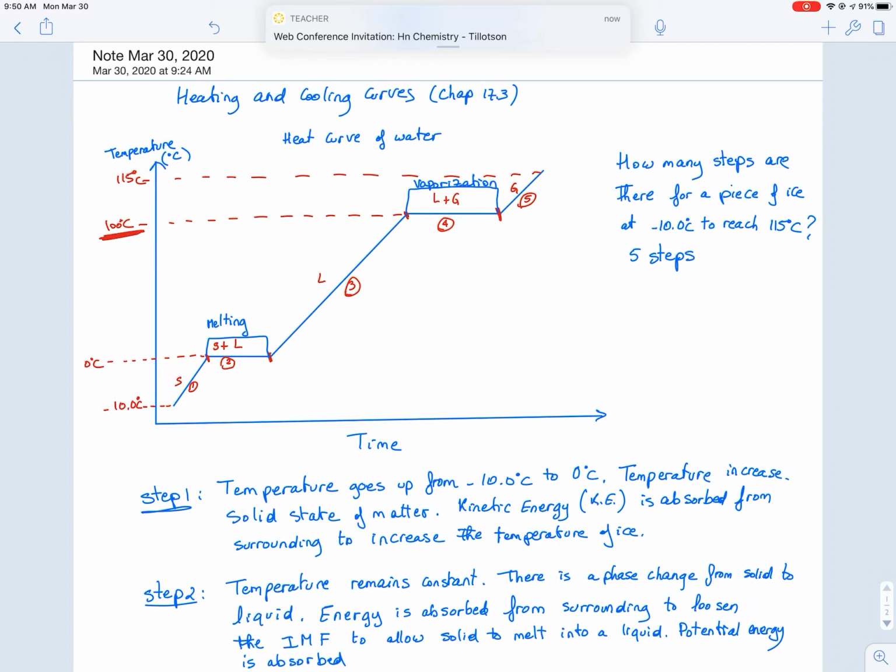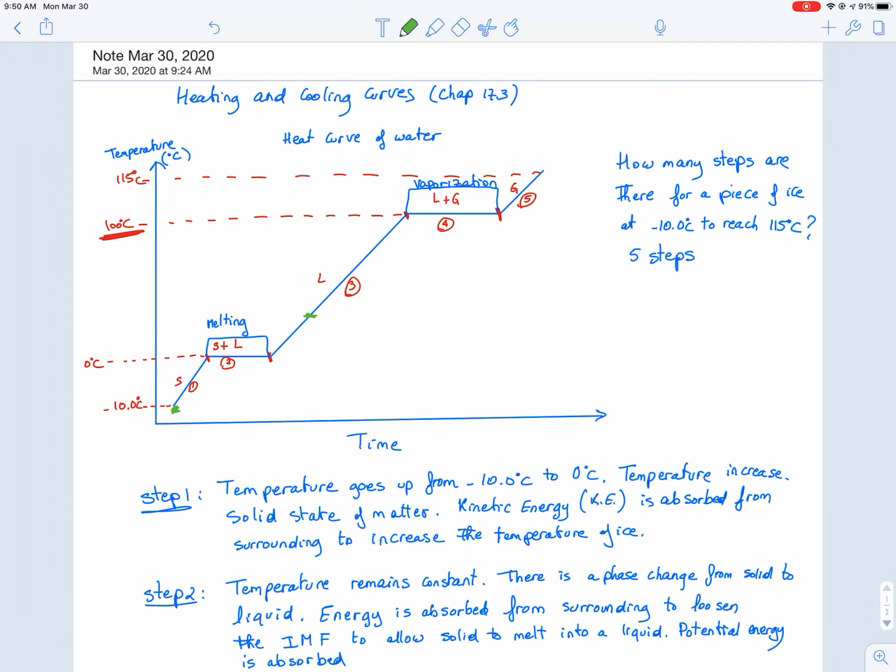Now let's say that I have a piece of ice that we start, let me use another color, at -10. I have a piece of ice that I want to put on my table in the kitchen on a plate or a container, and I want it to reach room temperature.